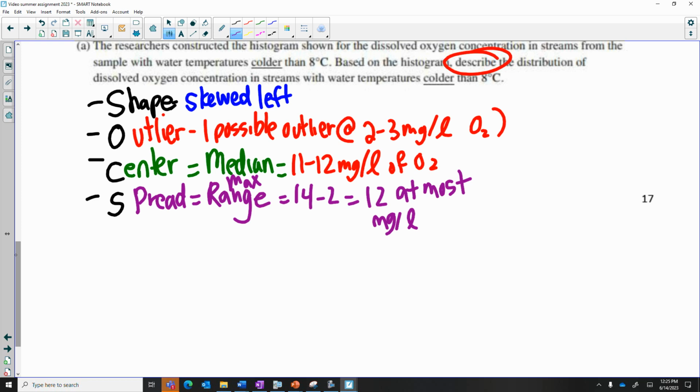The median milligrams of oxygen content is between 11 and 12 milligrams per liter of dissolved oxygen, and the maximum range of dissolved oxygen is at most 12. I said maximum, so I'll just say is 12 milligrams per liter. So I'm going to pause it here. I'm going to add all the context in for you, and then I'm going to bring you back.